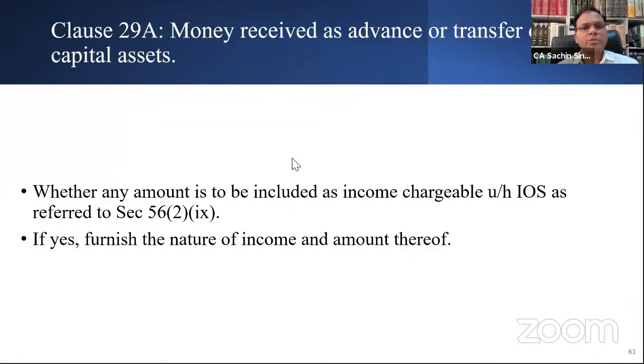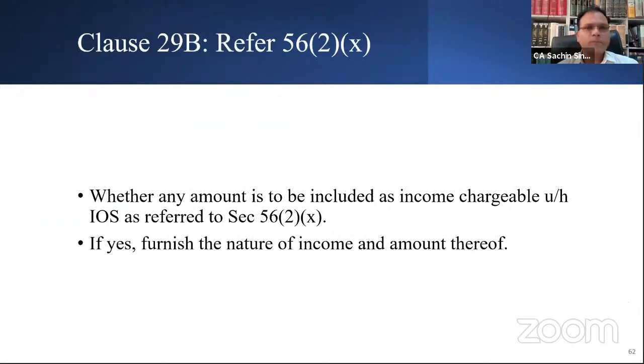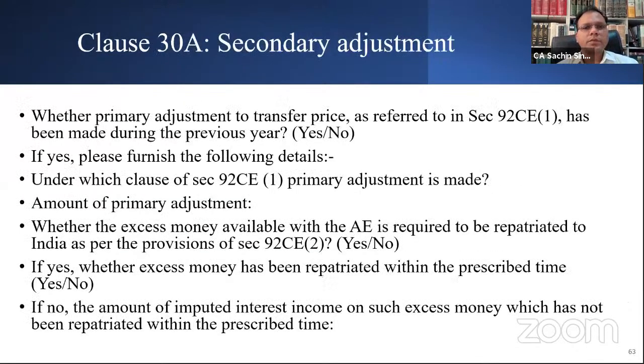Okay, so come to the next point. Secondary adjustment. This is again a very important issue because most of us might be doing tax and transfer pricing also. If there is a primary adjustment, section 92C says that you have to do the secondary adjustment also.